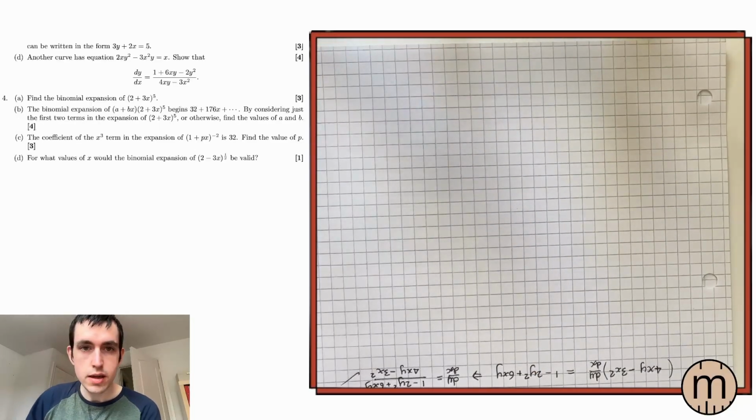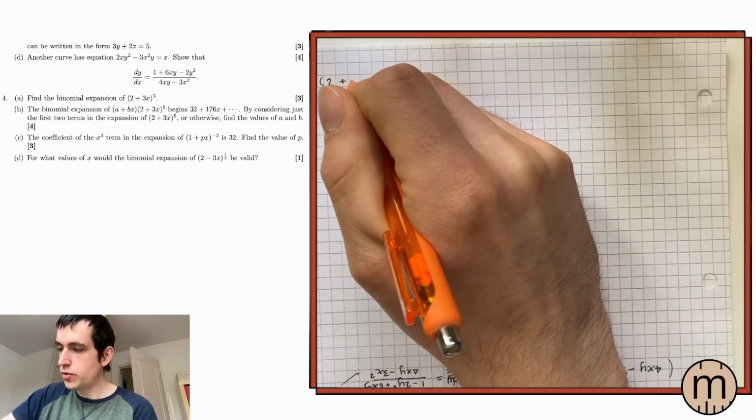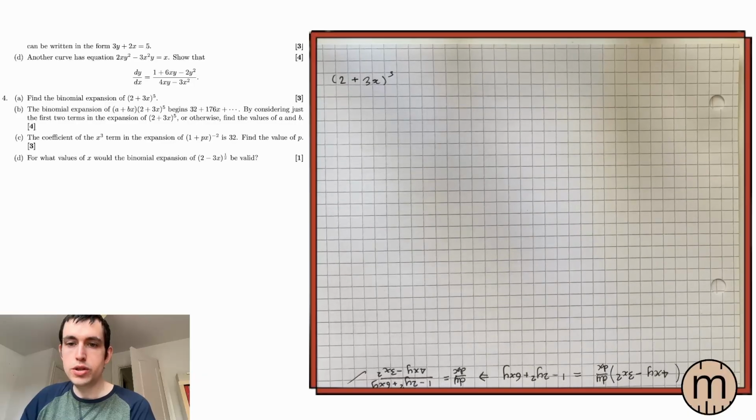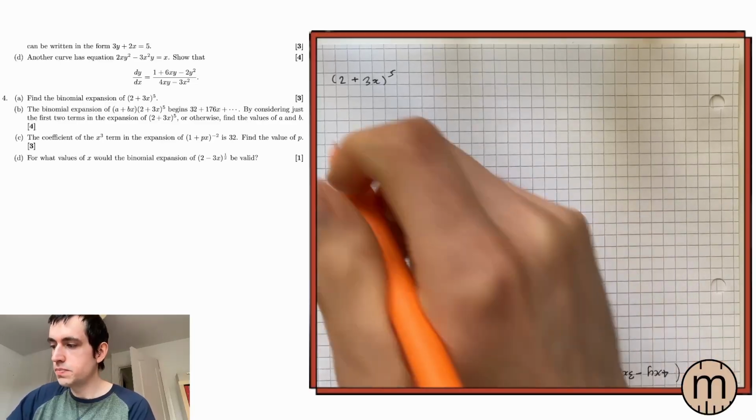We are binomially expanding. We want 2 plus 3x to the power of 5. In order to expand 2 plus 3x to the power of 5, we need to know about binomial coefficients.